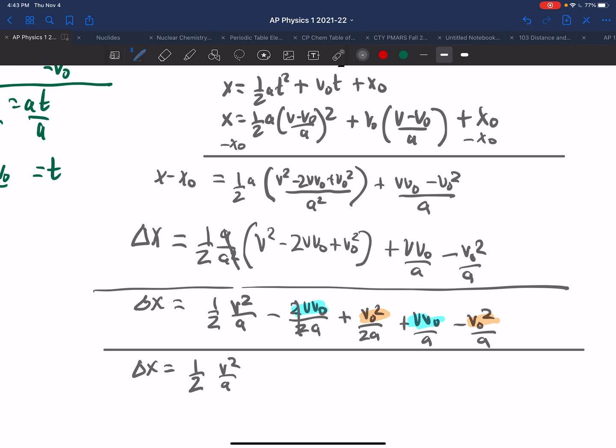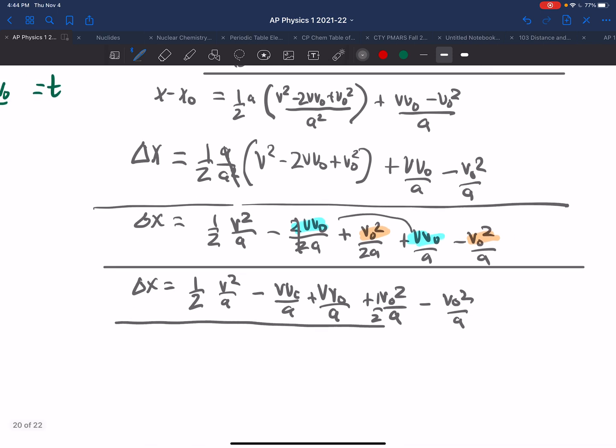These two cancel, the 2's cancel, and we're left with v0 over a plus v0 squared over, I wanted to bring the like terms together, minus v0 over a plus v0 over a. I just put those two next to each other. And then we have plus 1/2 v0 squared over a. I'm going to write it as 1/2. And this other one then is minus 1 v0 squared over a.